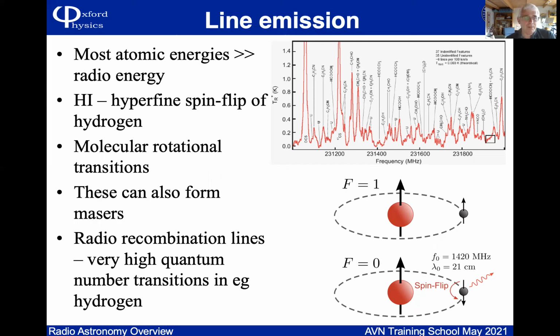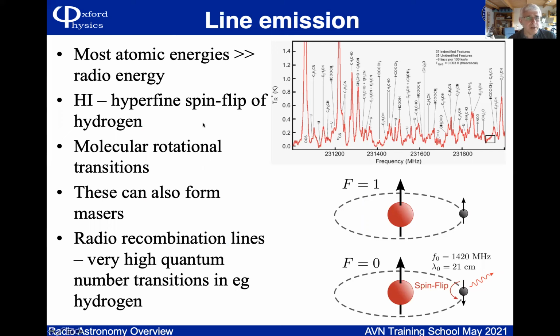But there are some low energy changes of quantum state which result, and this is one of the things where you do actually have to think about the radio as being emitted as photons, because you've got atoms or molecules changing their quantum state and giving up a little bit of energy as a radio photon.